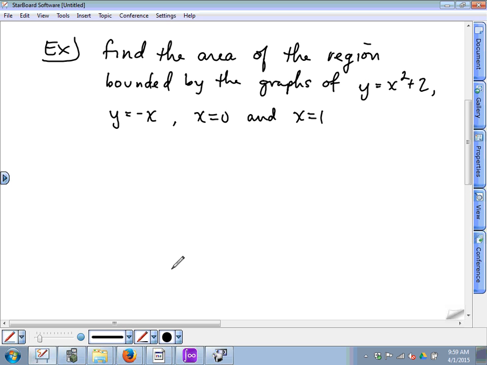Initially, it might help you guys to see a picture of this. You'll probably get to the point where graphs don't even matter and you don't need them, but just because this is new, let's try to draw a graph of the situation. X squared plus 2. It's a parabola.